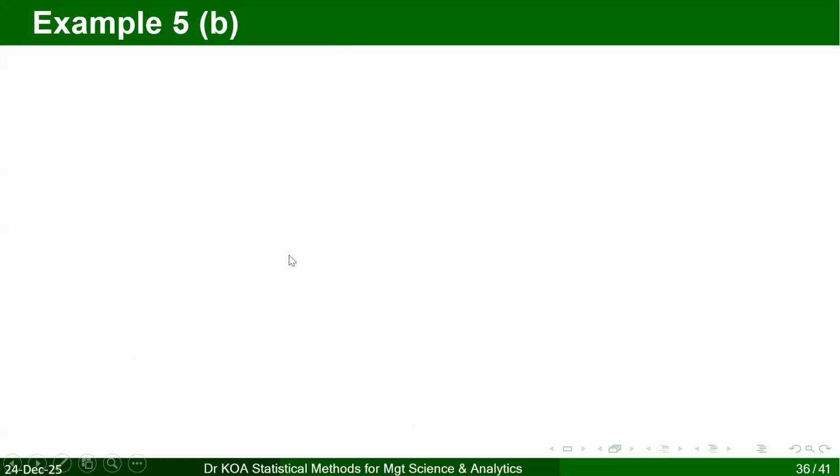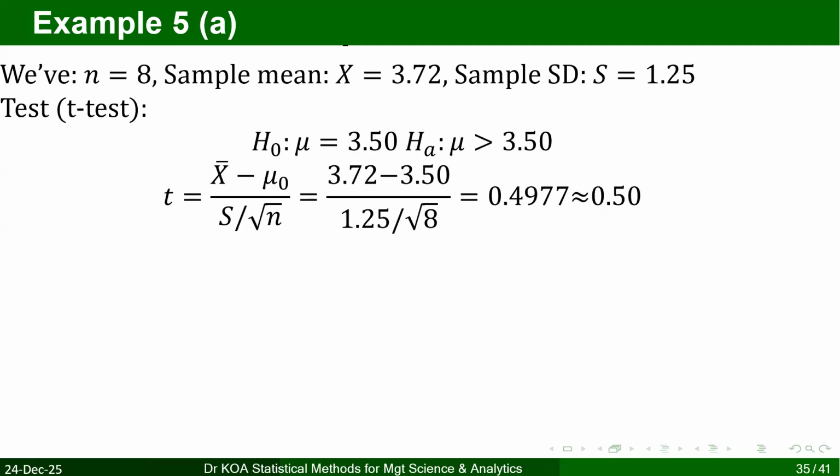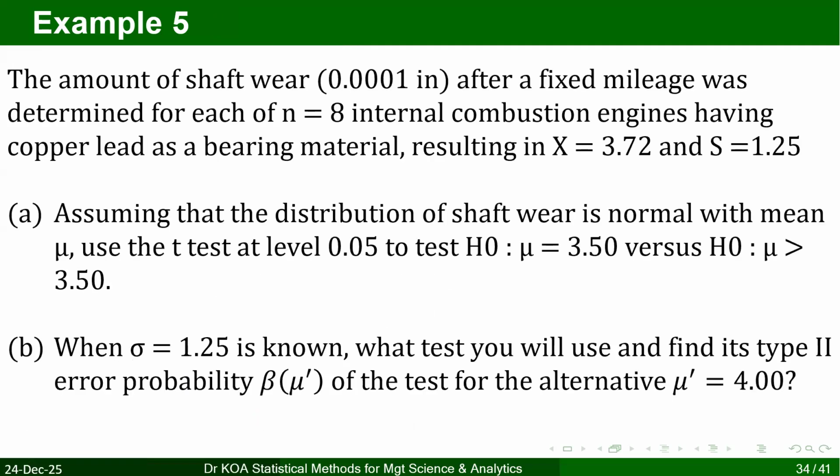Now, the next part of the question. Let's go back here. It says that when the sigma is rather 1.25, remember, it told you earlier that the sample standard deviation is 1.25. But now he's not telling you about the sample. Which one is he giving you here?